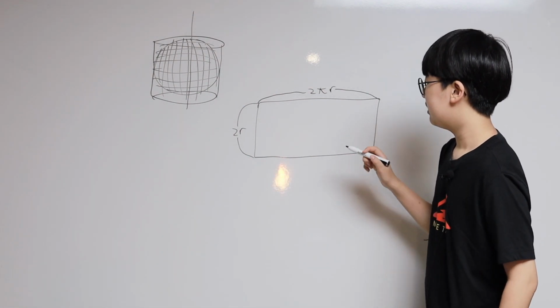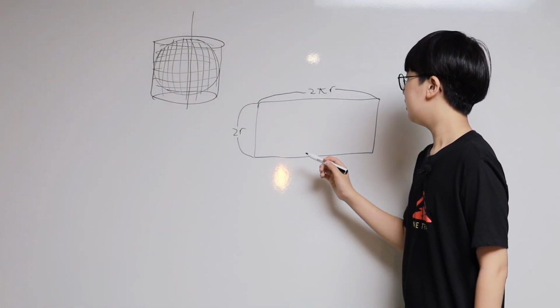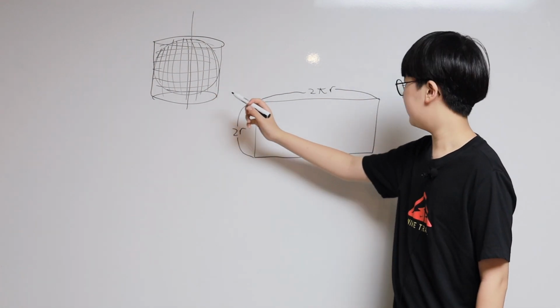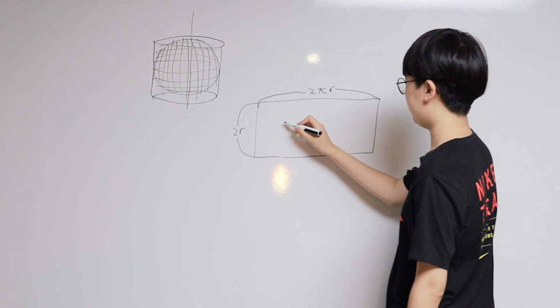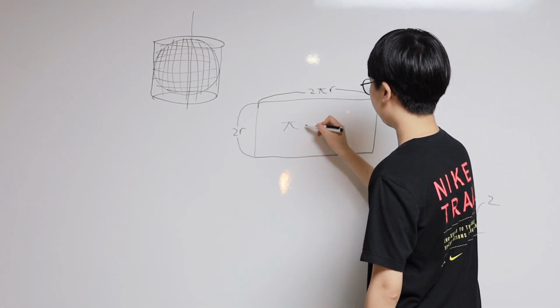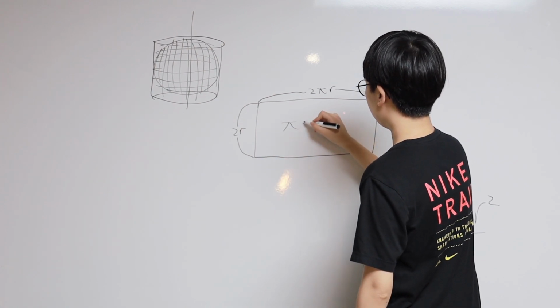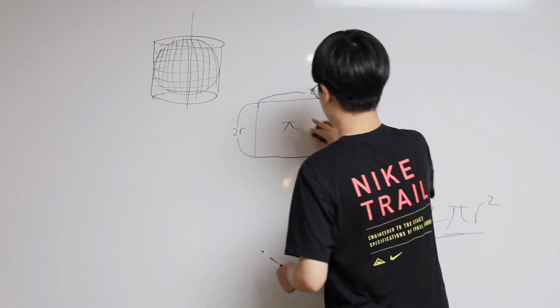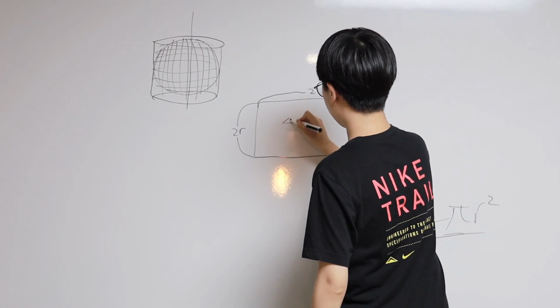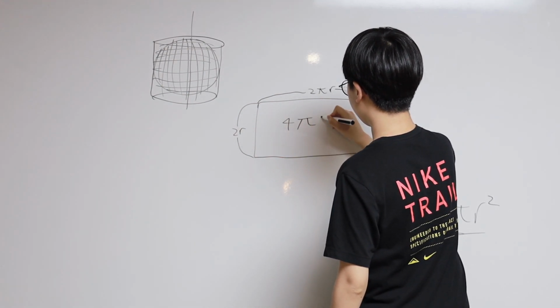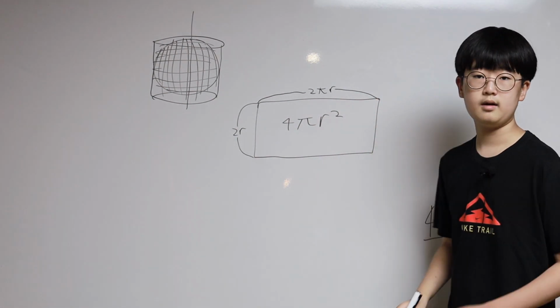If it is, the surface area of the sphere is this multiplied by this, so therefore 4 pi r squared.